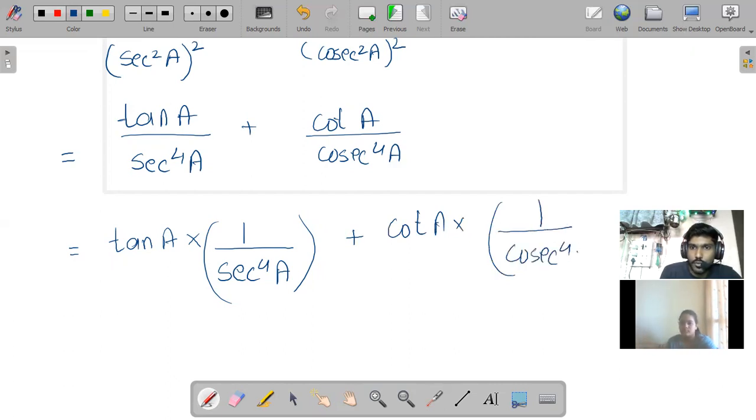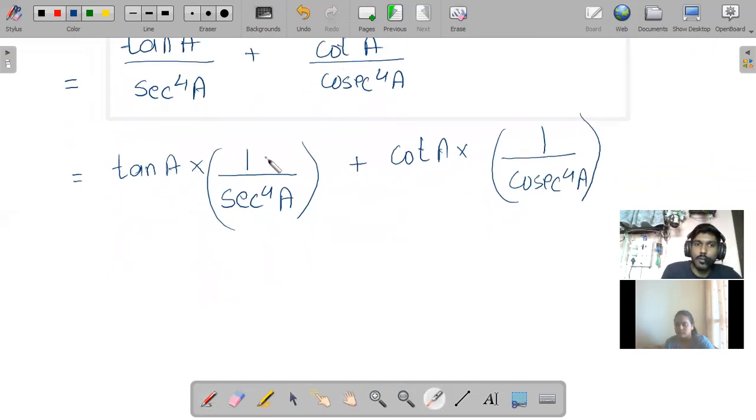Now by using the reciprocal formula, what is 1 upon sec? Secant and cos are reciprocals of each other. So 1 upon sec will become cos. But this is 1 upon sec raised to 4A, so cos raised to 4A.